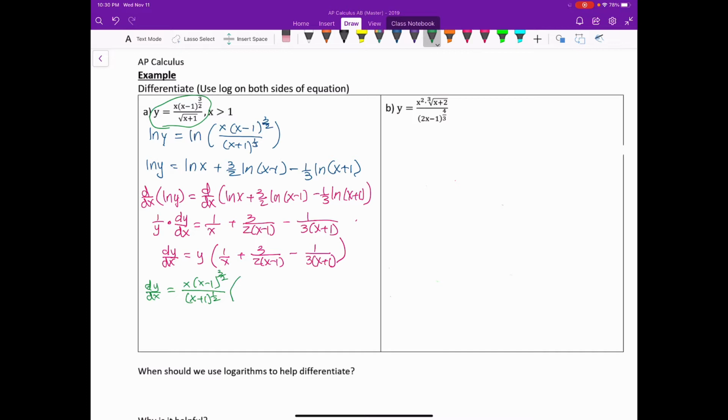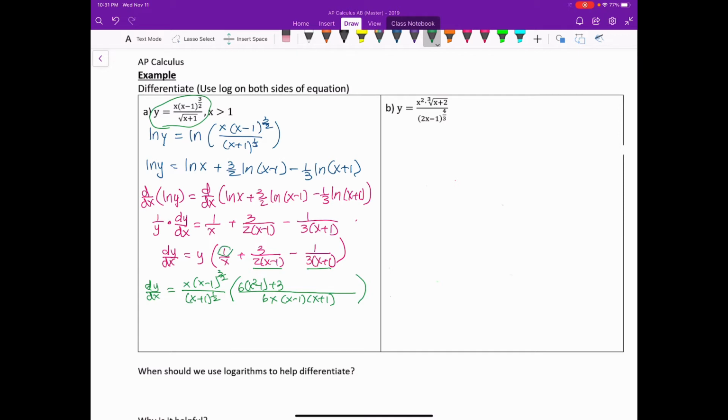And then inside of this parenthesis, I could actually start simplifying. So I need a common denominator, which would be 6x, x minus 1, and x plus 1. And then the first one is missing the 6, x minus 1, and x plus 1, so that's 6 times x squared minus 1. Plus 3: I'm using this and multiplying those together to get what I need to multiply up here by.